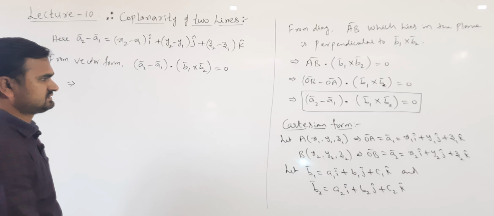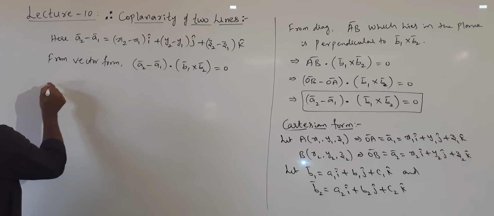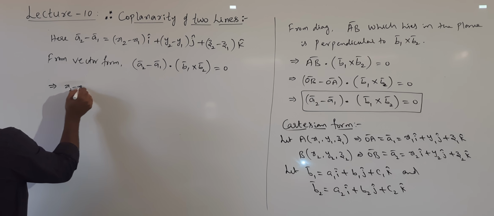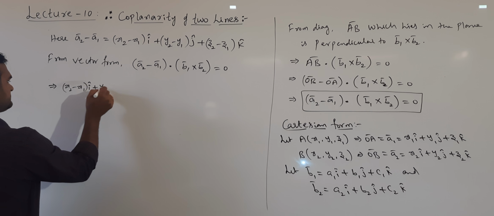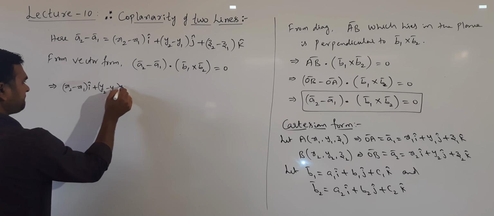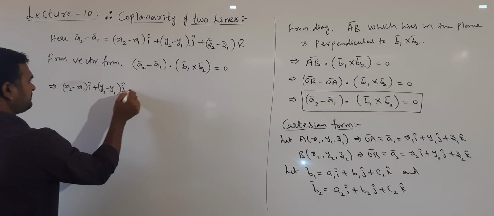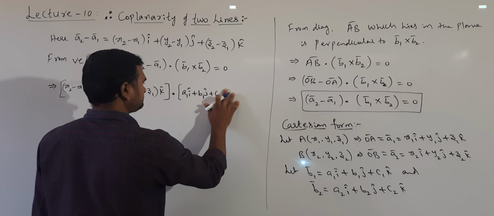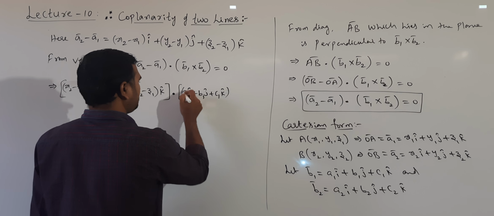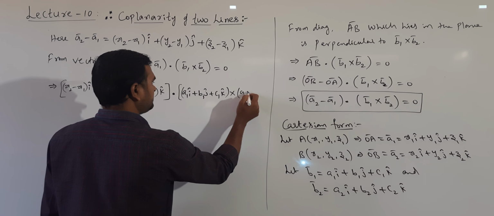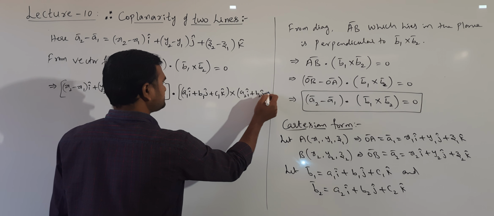Now how can we write this? A2 minus A1 is x2 minus x1 into i plus y2 minus y1 into j plus z2 minus z1 into k. This is one vector dot B1 cross B2. B1 bar is a1 i plus b1 j plus c1 k, cross product with a2 i plus b2 j plus c2 k.